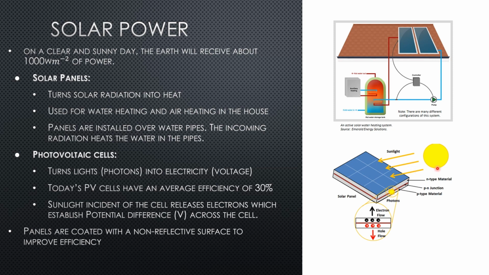Now, sunlight incident on the cell releases electrons which establish a potential difference across the cell. And both the solar panels and photovoltaic cells are coated with a non-reflective surface to improve efficiency. We don't want sunlight to reflect. That can decrease how much heat or photons we absorb.